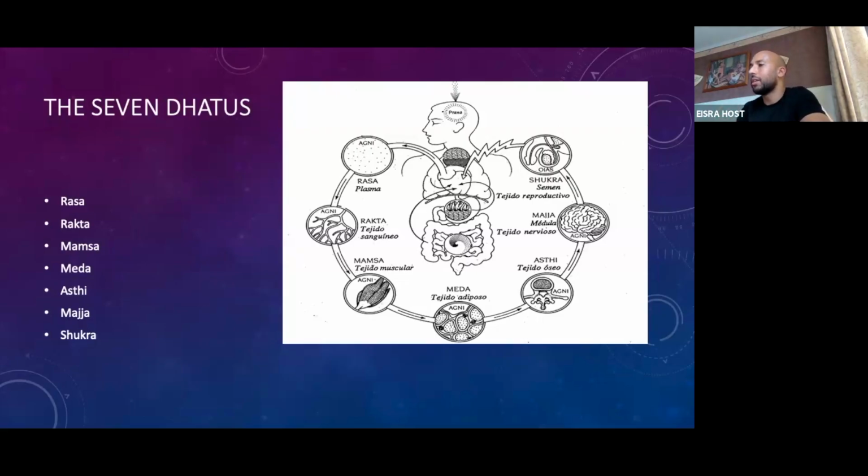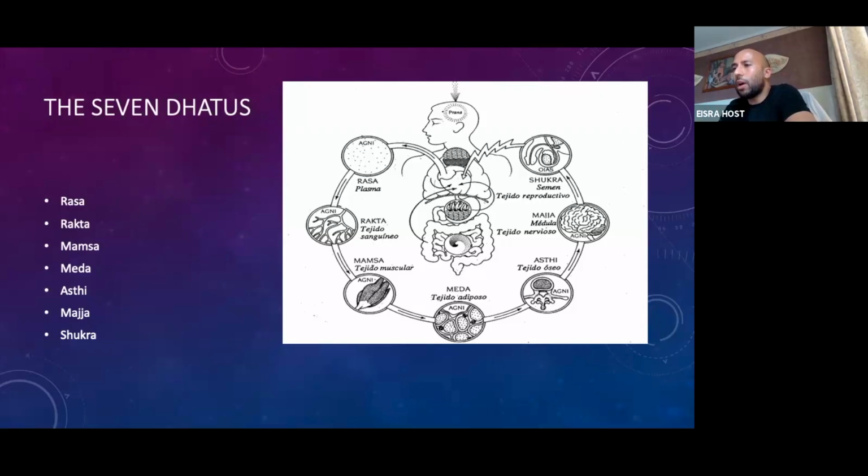Rasa comes first, rakta comes second, mamsa comes third. This order is important to understand, and if we understand it, we can understand the factors needed to keep the bodily tissues balanced and healthy.